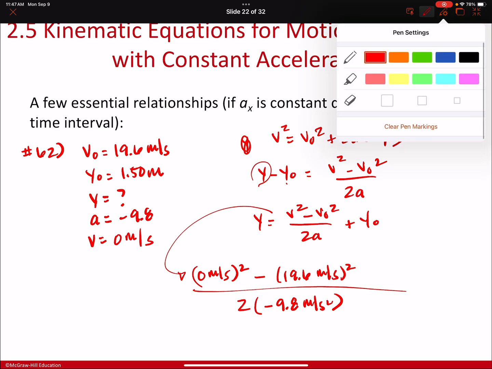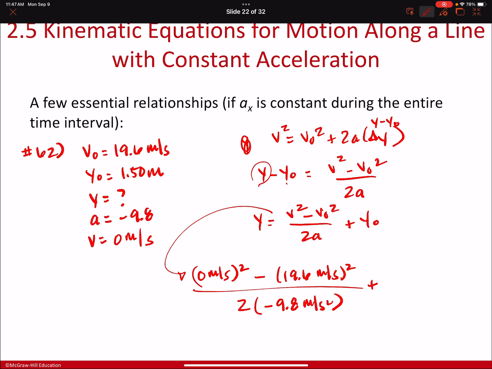And all of that plus 1.5 meters. What'd you guys get? 21.1, that's what I got, okay. 21.1 meters, okay. That was just part A.